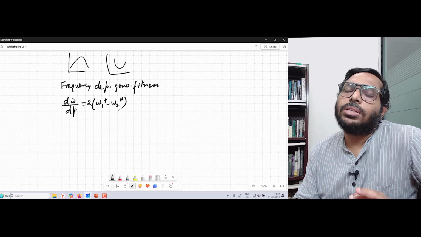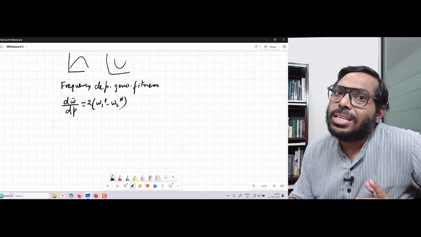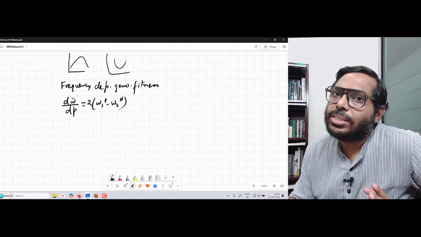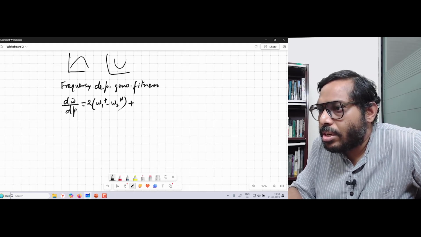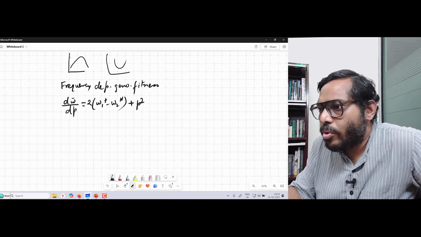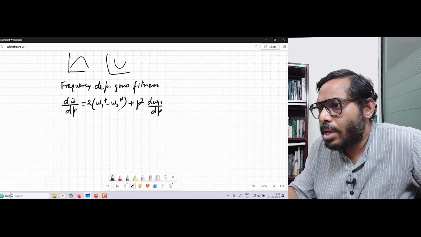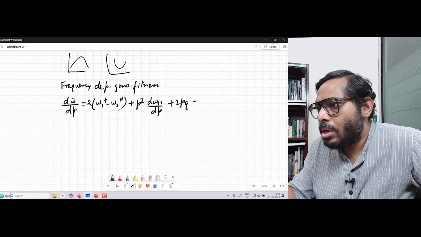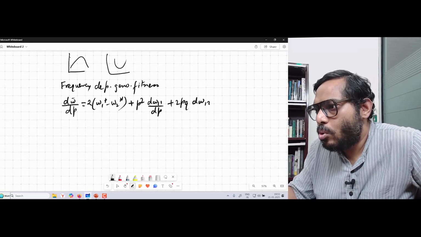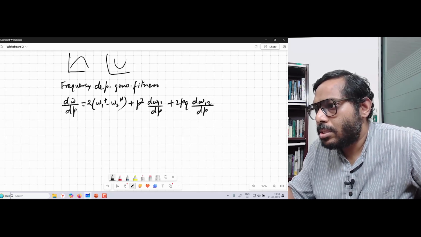Remember, now we are explicitly assuming that these 3 genotypic fitnesses are functions of p themselves, and therefore the 3 terms are going to be p² dW11/dp plus 2pq dW12/dp plus q² dW22/dp.